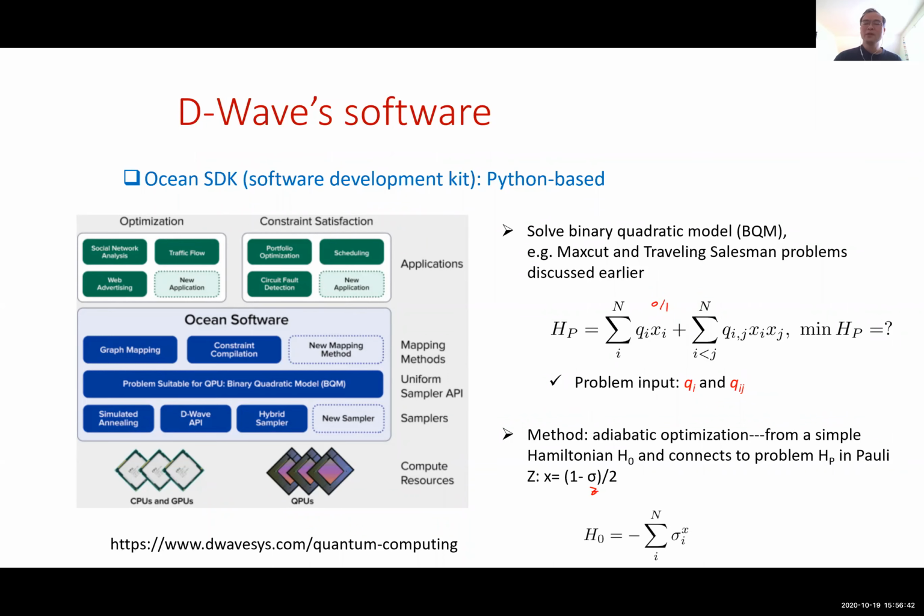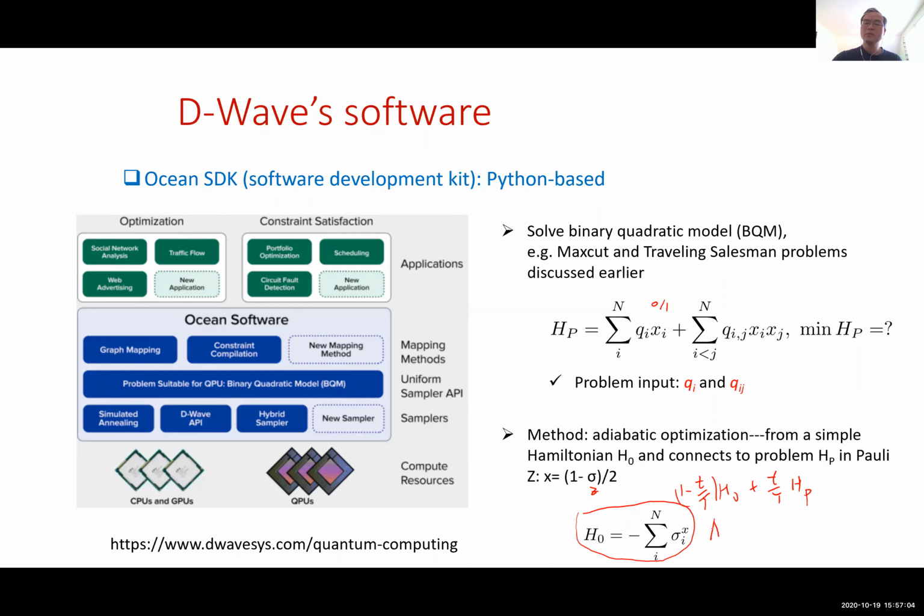The way that D-Wave solves these problems is to start with an initial Hamiltonian that's simple, like a transverse field, and then you add the problem Hamiltonian.